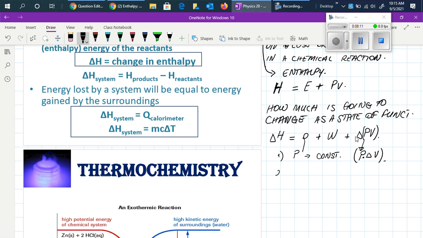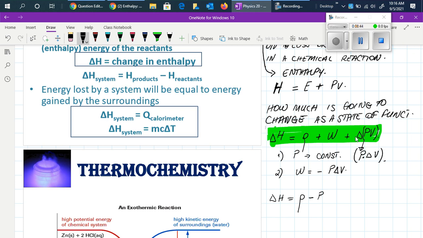Okay. And the second assumption is that the work done is the opposite of P delta V. So when we rewrite this equation here, what we will have is the change of enthalpy as a state function, final minus initial, equals Q minus P delta V plus P delta V. And this is canceled out.